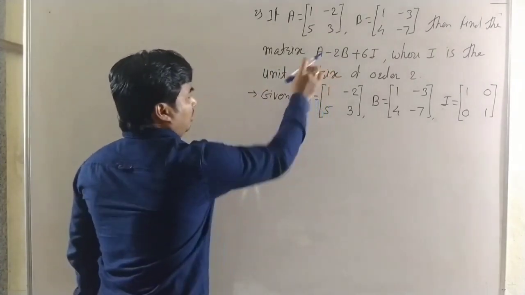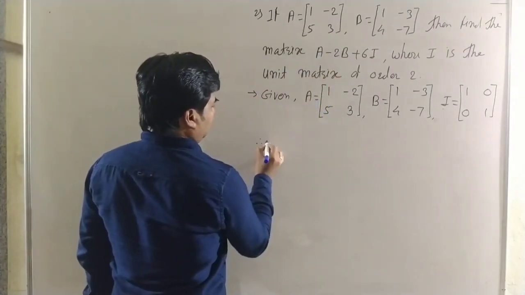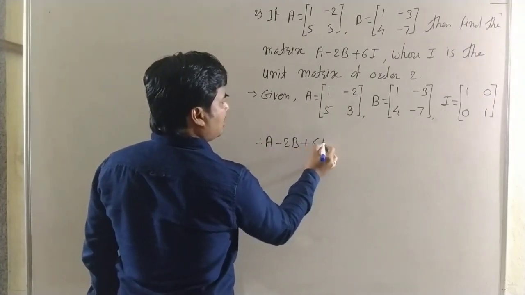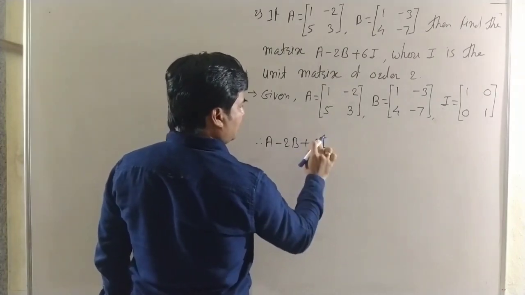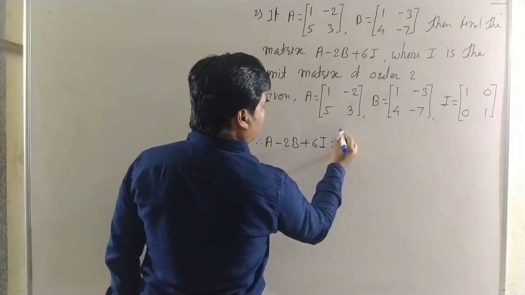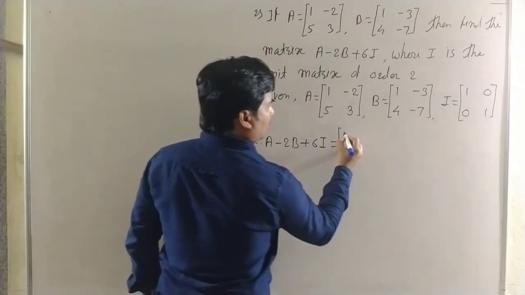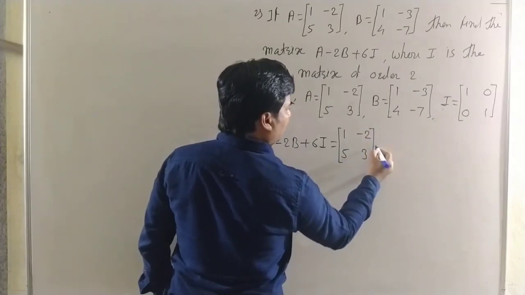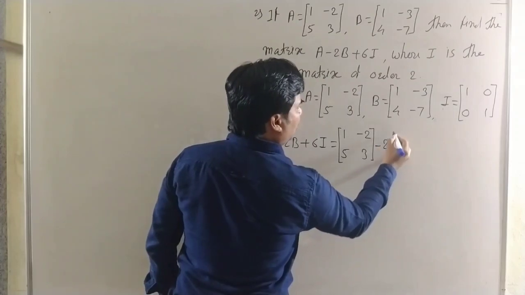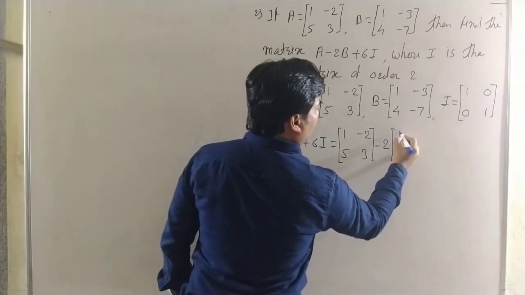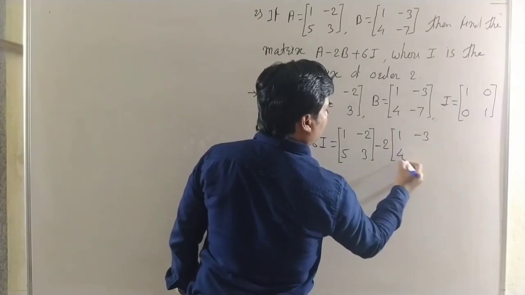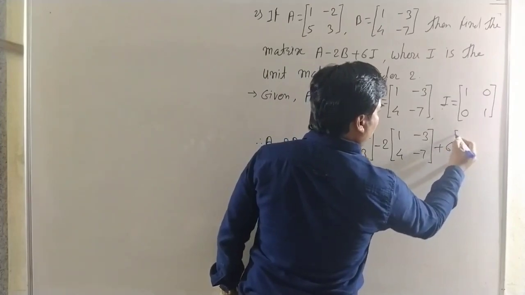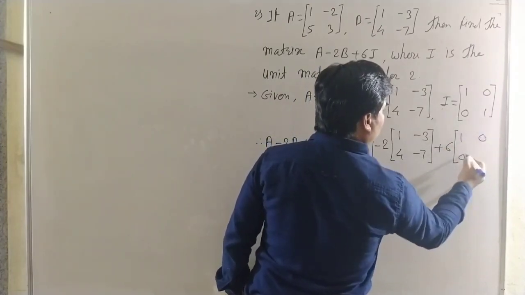Now we can find the value of this matrix. Therefore it is A minus 2B plus 6I. See carefully. That is equal to A, 1 minus 2 5 3, minus 2 into B, that is 1 minus 3 4 minus 7, and plus 6 into I, that is 1 0 0 1.